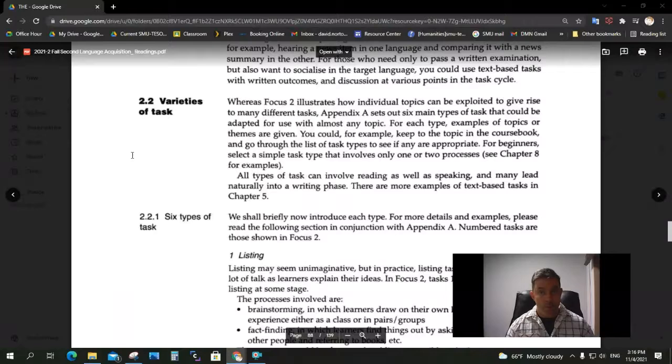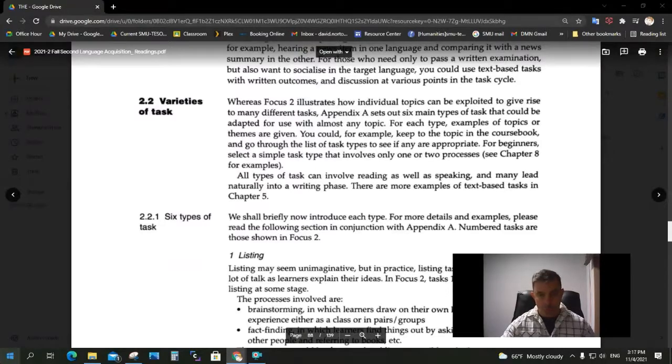In a general definition, a task is just something you have to do, right? But in task-based learning, it has to have these components. Your task has to be something that is meaning focused, and as you can see in your reading, meaning focused means that meaning is primary.